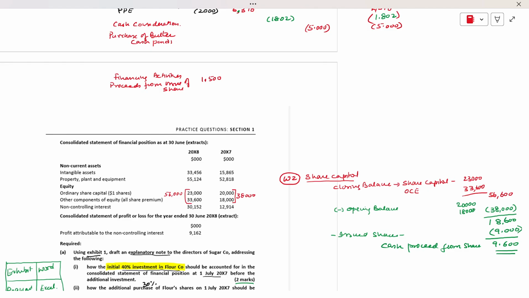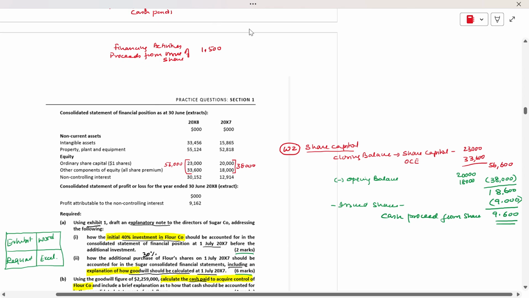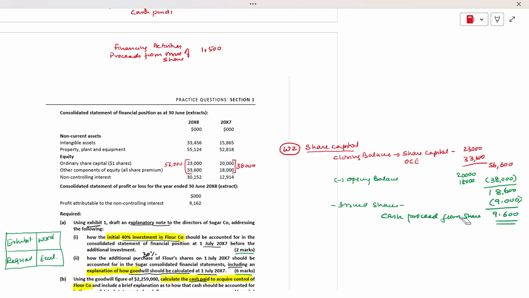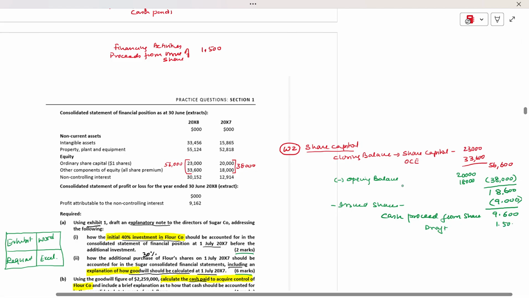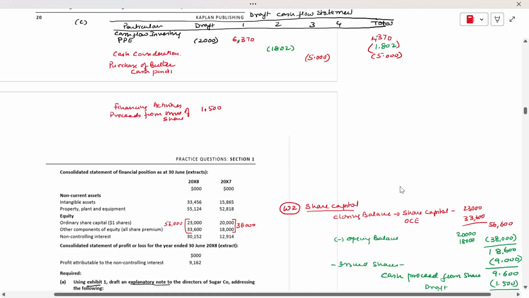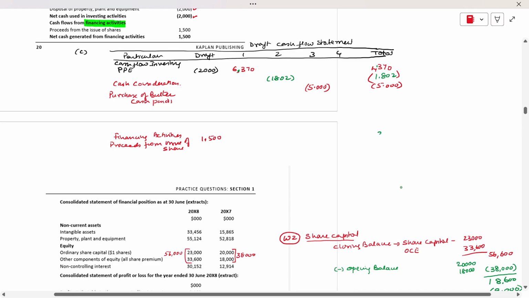Now, how much have they already taken? They have shown it already as 1.5. The draft is 1.5. What is the balance? Balance is 8.1. Total is 9.6. In the total, we have to put 9.6, and the additional is 8.1.